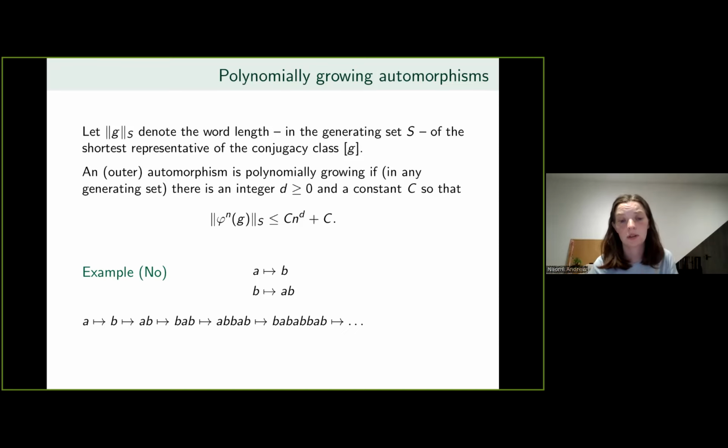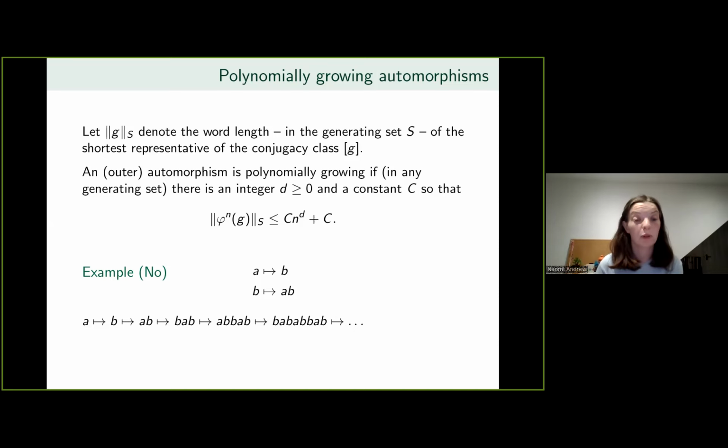A goes to B, goes to AB, I said that in the definition, goes to BAB, then ABBAB, and so on. Reading out increasing sequences of A's and B's is maybe not super useful, but we can look at the lengths. They go 1, 1, 2, 3, 5, 8. The next one is length 13, and the one after that is length 21.